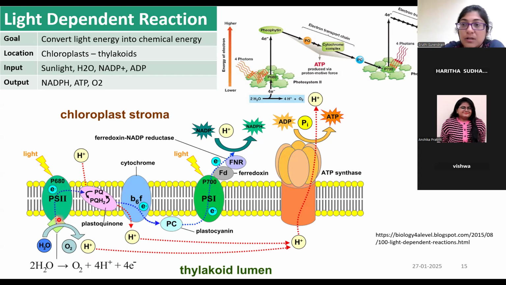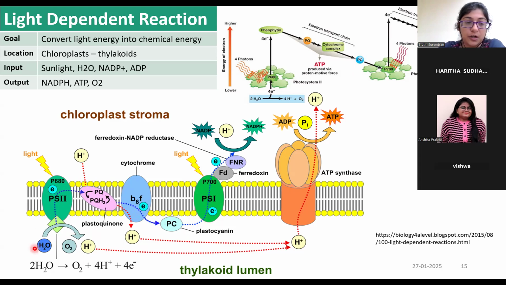This excitation of the electron will result in an increase in the energy. Low energy electrons are going to have a spike in energy, and this will help in the electron being transported across this membrane. It will get transported to here, then again to here, and then finally reach PS1.